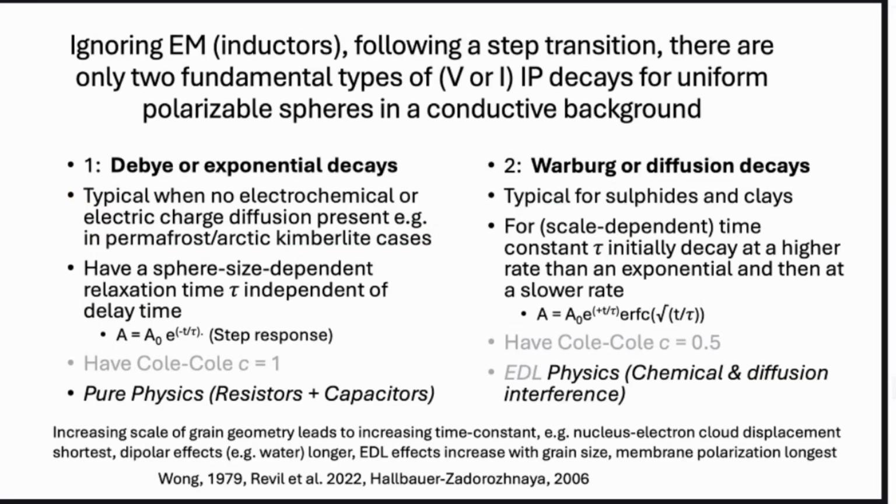So if we have a voltage or a current we apply to a sample and turn it off, so it's a step change, there's two fundamental types of decays. If there's no electrochemical reactions or charge diffusion present, you get exponential decays.